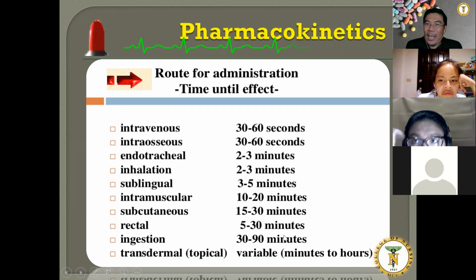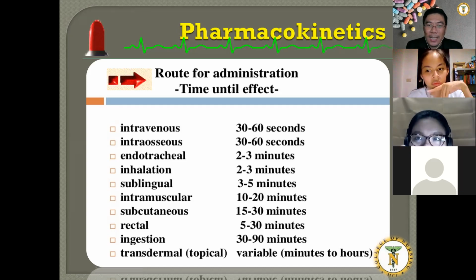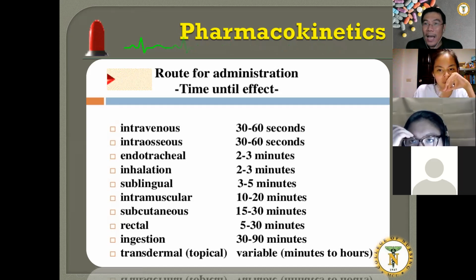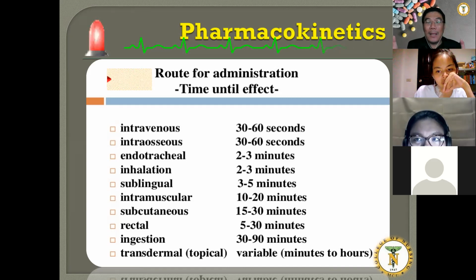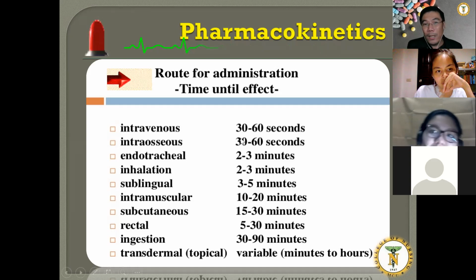Can you imagine the effect of oral drugs will take 30 to 90 minutes? So almost 1.5 hours for oral drugs. So in the oral route, talagang ang pinakamatagal. So that's why compared to intravenous, which is only 1 minute, compared to 1 hour and 30 minutes.